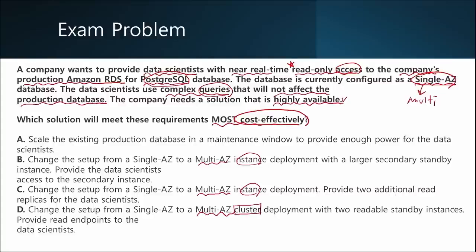This read has to be highly available, but as we learned earlier, the instance deployment supports standby, but the standby does not read or write. In that case, we should follow the multi-AZ cluster deployment method. This multi-AZ cluster deployment method supports 2 readable standby instances, so the correct answer would be D.